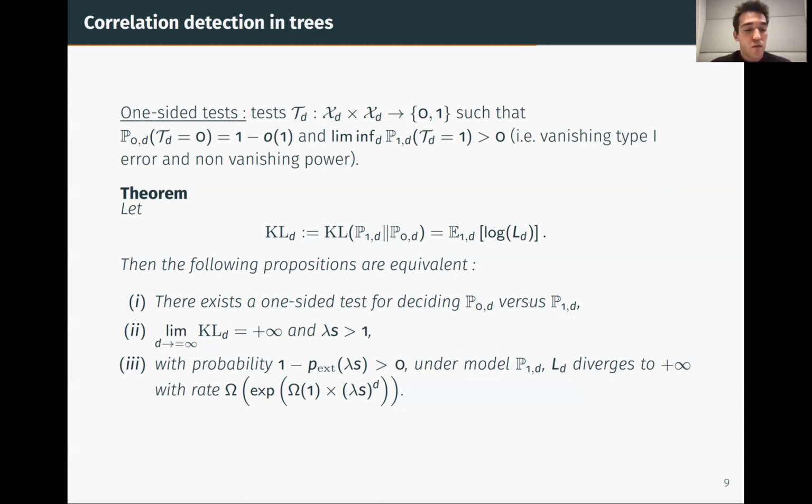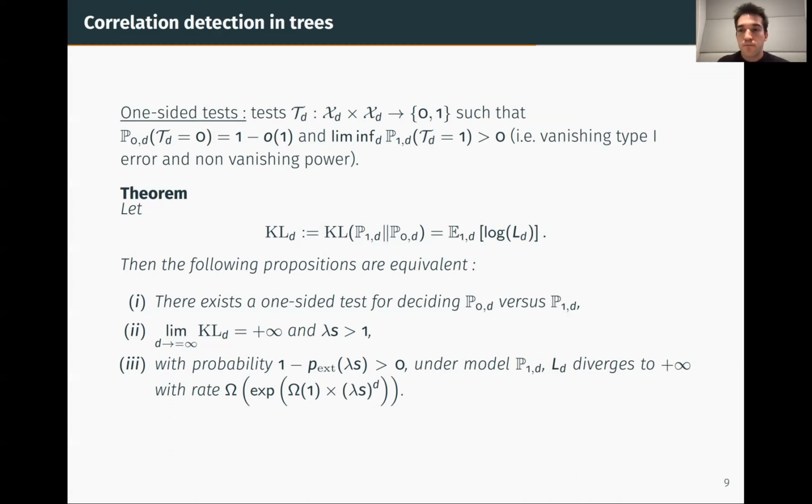The first one is to ensure that the KL divergence goes to infinity when the depth goes to infinity, and that lambda s is greater than 1. The other one is to observe that when there exists a one-sided test, we actually have that with positive probability under the model P1, this likelihood ratio will diverge at a very high rate. You see here a double exponential rate as a function of d.